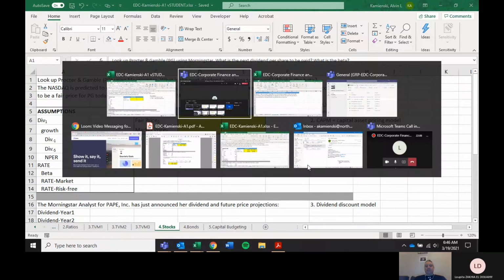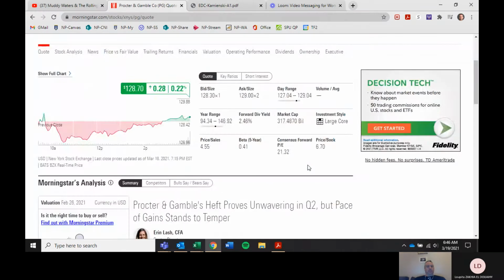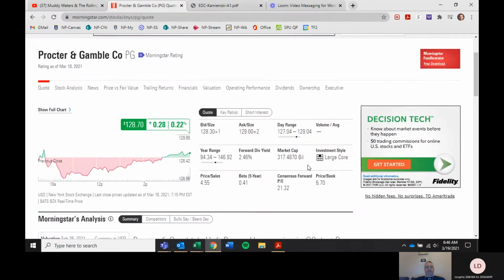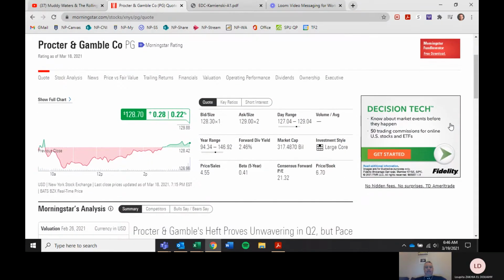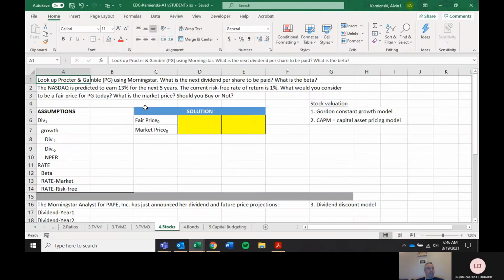So let's start by doing the research. Over here, I brought up Procter & Gamble on Morningstar. And let's take a look and see if we can find some of the information that it was asking for. So first thing it's telling us is the current price is $128.07, or 70 cents, right? 128.70.